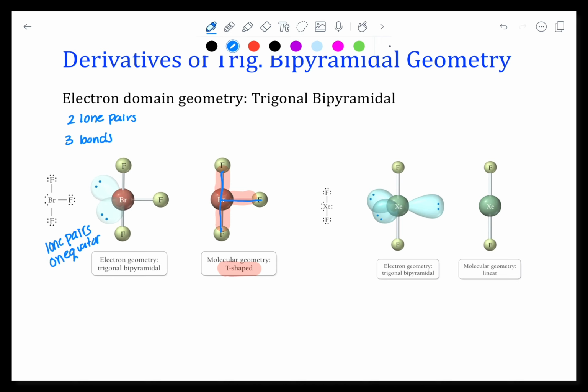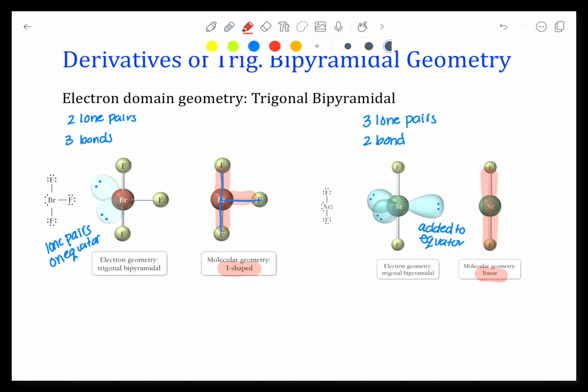And finally, our last example has 3 lone pairs and 2 bonds. So our last lone pair gets added to the equator. And my bonded atoms now are just in a straight line, which is linear, just like we started with.